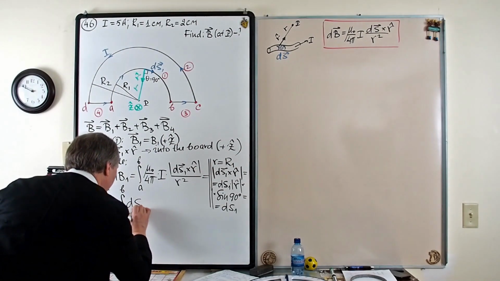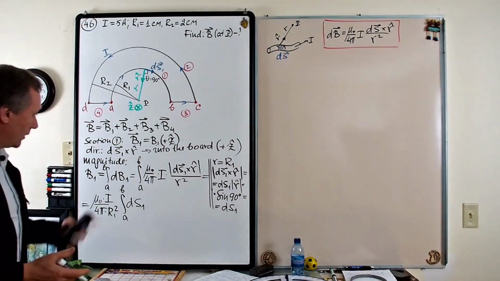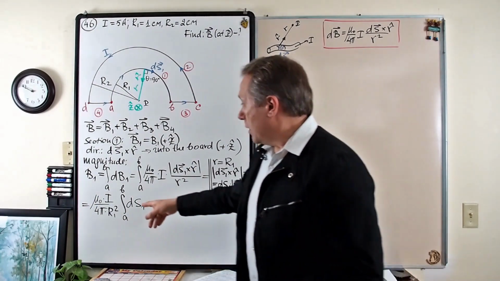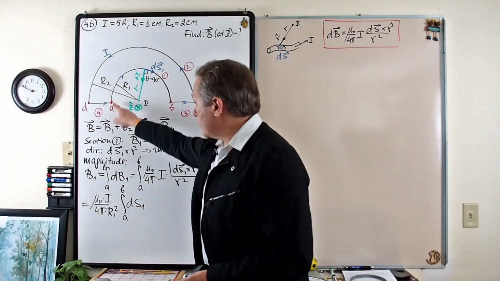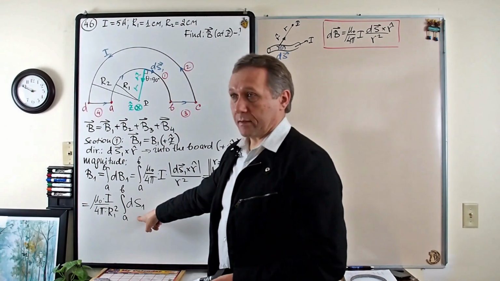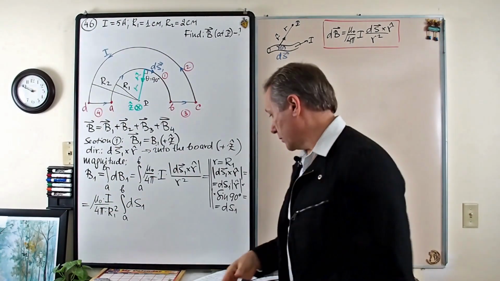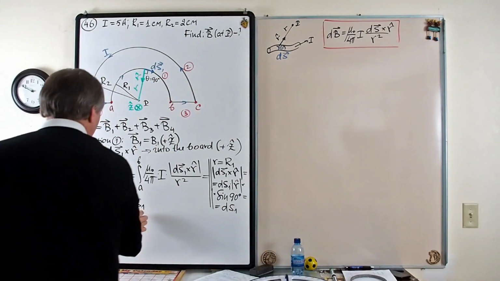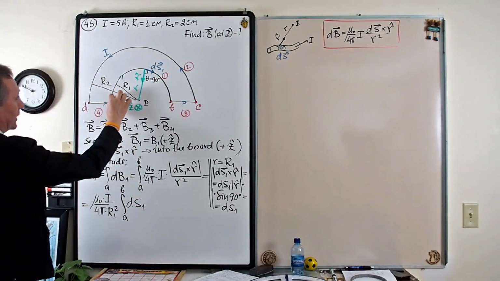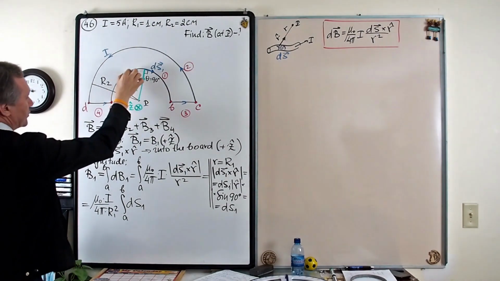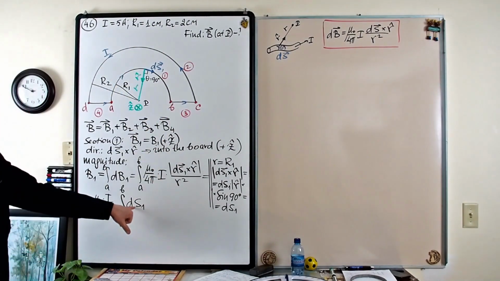Okay, now let's look at this integral. We integrate from this point to that point, ds's. What does integration mean? Integration means addition. So you add small ds plus small ds plus small ds, and you keep adding these small ds's.